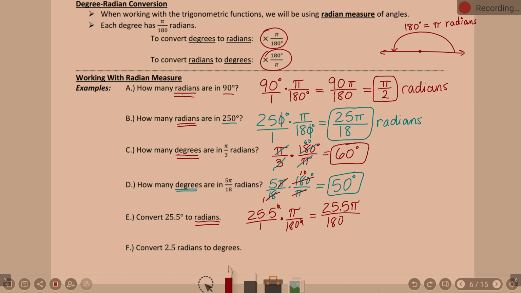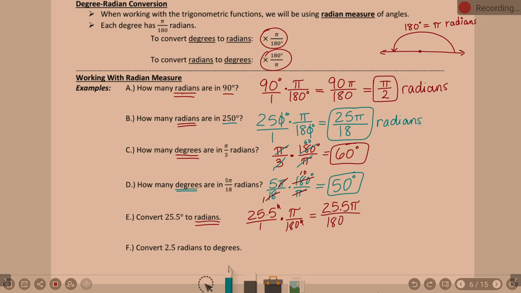Now, do we leave an answer like this typically? No. Pi is good in there, but the decimal in there is not great. Okay, what are options for getting rid of a decimal when we're in that fraction form? What would cause my decimal to move one spot over? What could I multiply by? 10?